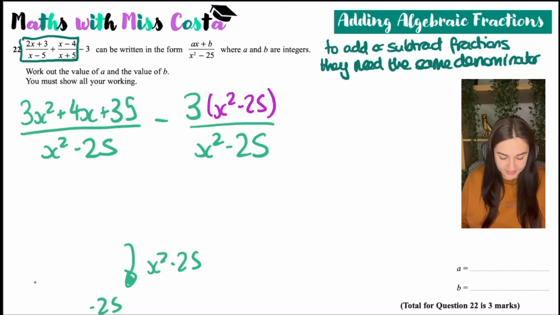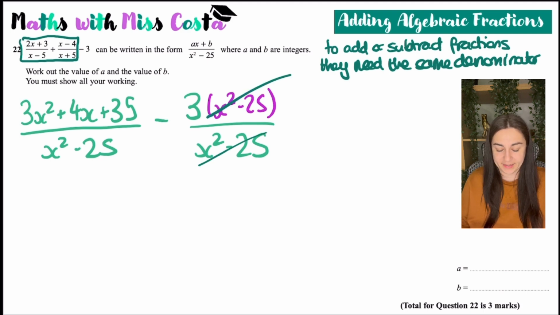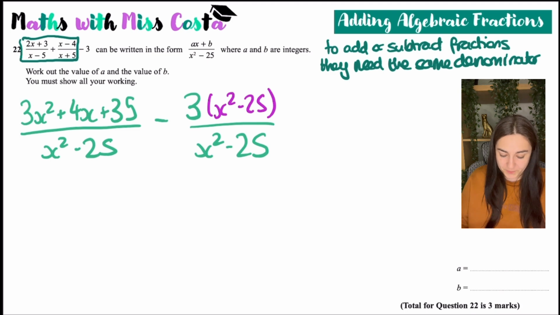And obviously, if we just cancelled those out, so if we did this divided by this, that leaves me with 3, okay? As long as whatever's on the top divides by whatever's on the bottom, when it's a product, then it cancels to make 1. So let's expand this and bring it all into one fraction.